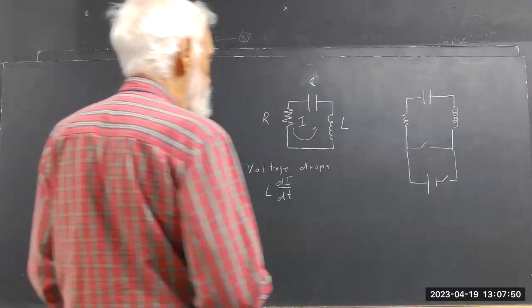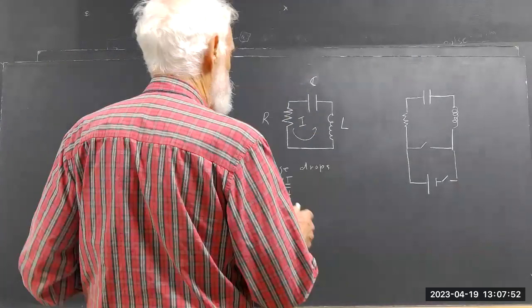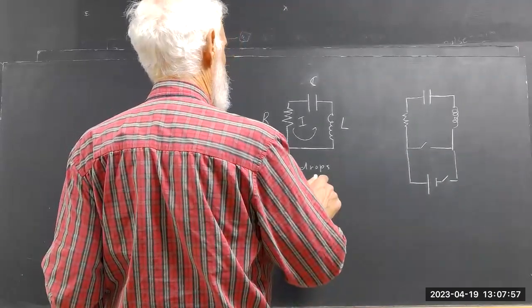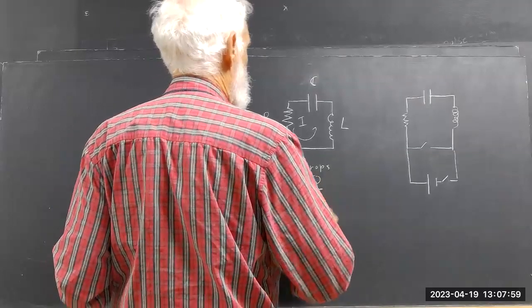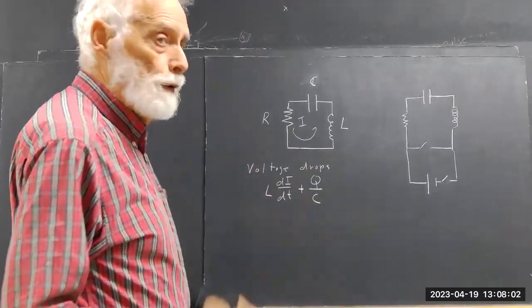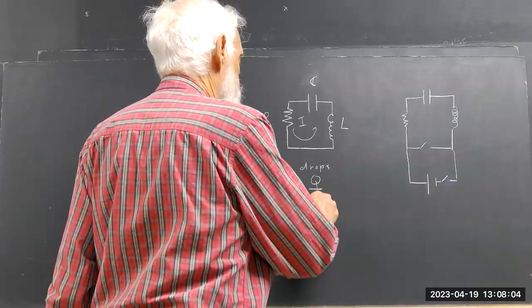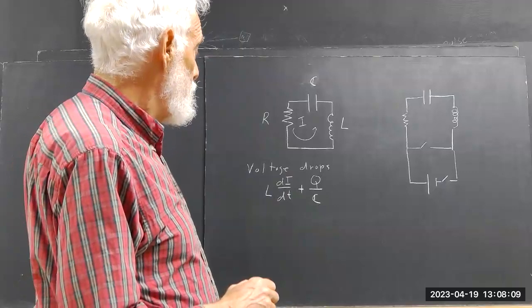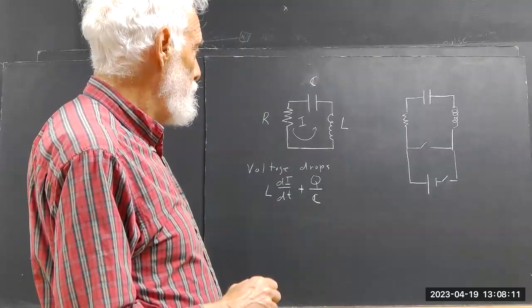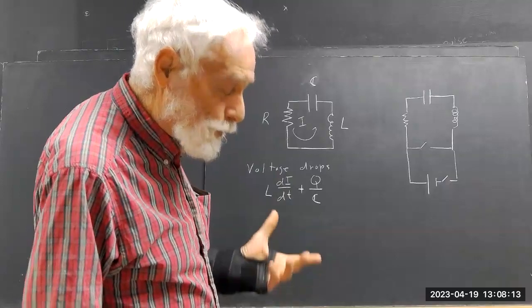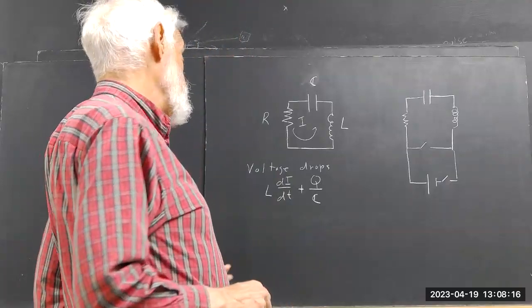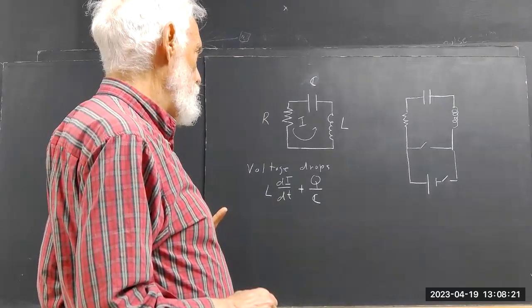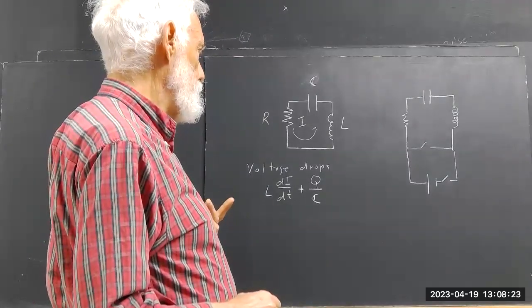L dI/dt, then Q over C. Am I doing that right? Intuitively, if you've got more capacitance, you get a larger voltage drop.